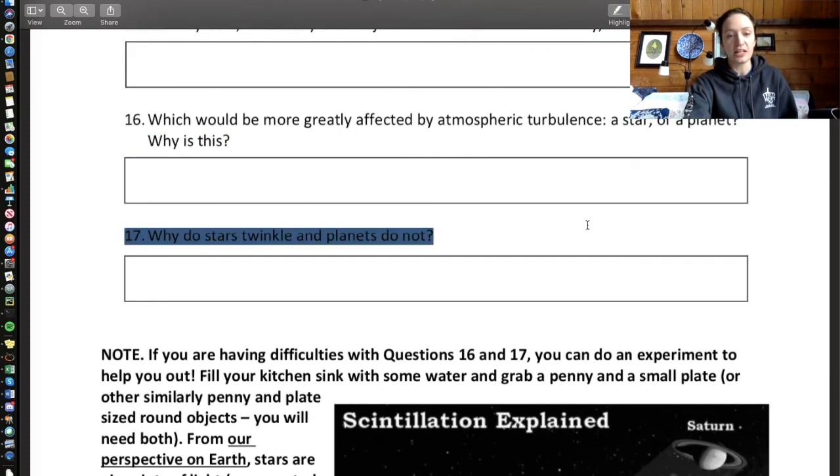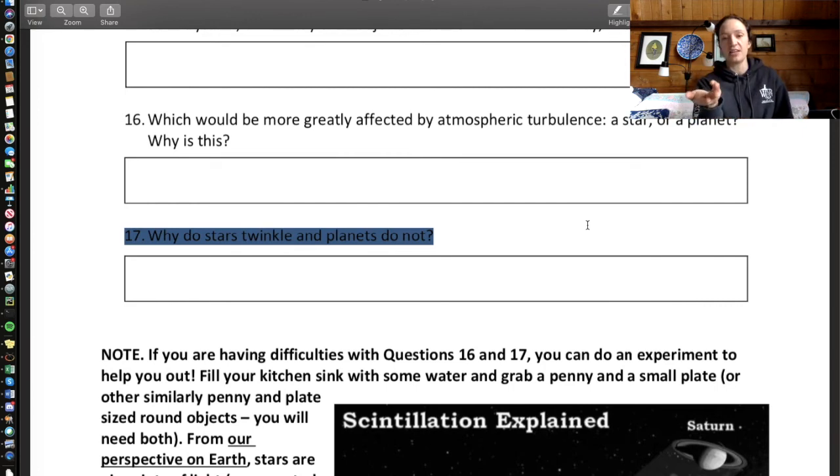And this is all leading up to what we're trying to get across in this section, which is why do stars twinkle, but planets do not, right? Whenever we draw stars, we draw a 5-pointed figure, and those points are a star twinkling. We even have a song called Twinkle, Twinkle, Little Star. We don't say Twinkle, Twinkle, Jupiter.